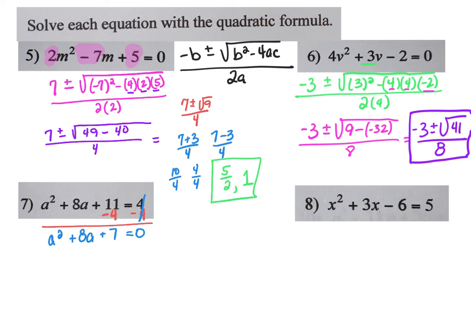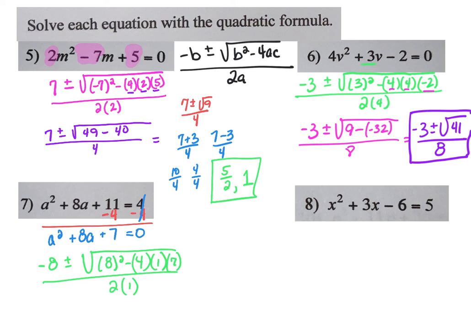So you're going to, again, do -b plus or minus the square root of b squared minus 4 times a times c all over 2a. This one actually will work out to -1 and -7. You'll get whole numbers or integers here. But you do need to solve it by the quadratic formula.